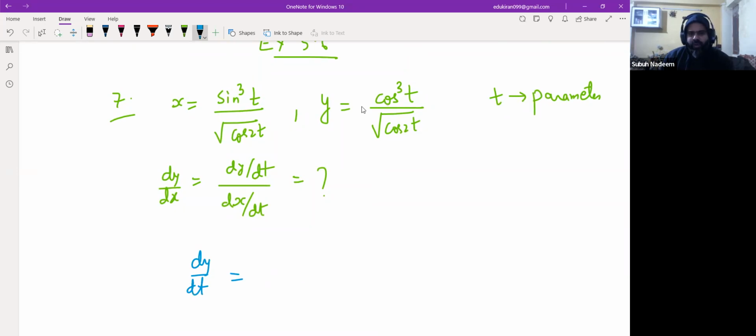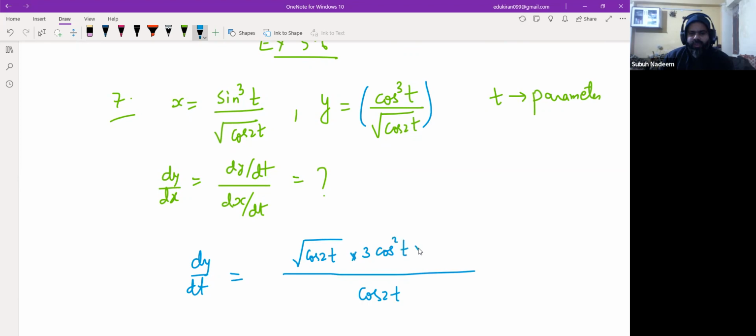The quotient rule will be applicable here. So root over cos 2t in the denominator will become cos 2t on squaring, then root over cos 2t here, and differentiation of cos cube t. So you will apply the chain rule. So this is 3 cos square t, and the derivative of cos t is minus sin t.